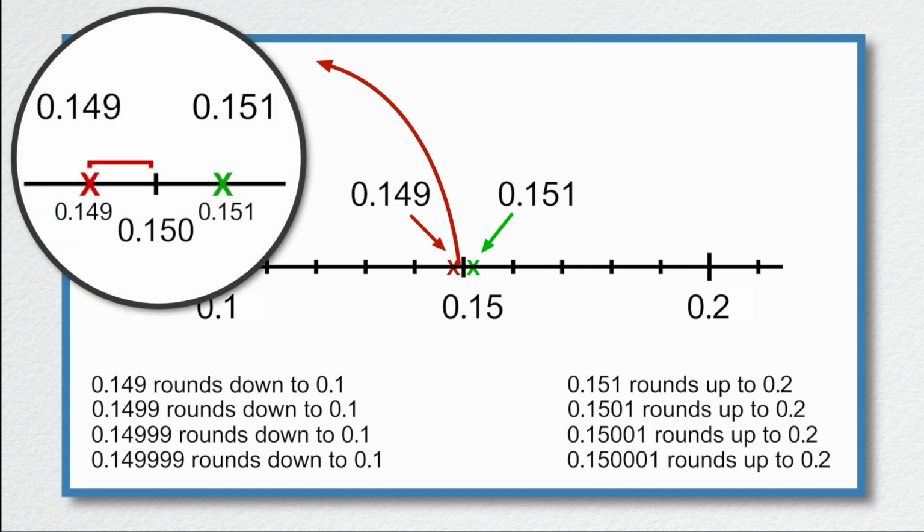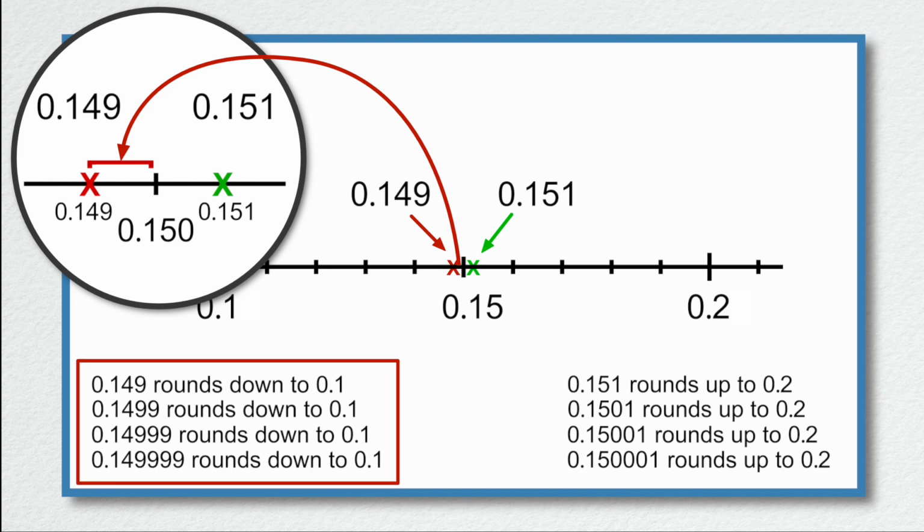Looking at this space here, we can rewrite these numbers as 0.149, 0.1499, 0.14999, and 0.149999. And all of these numbers round down to 0.1. And we can add as many 9s as we like.